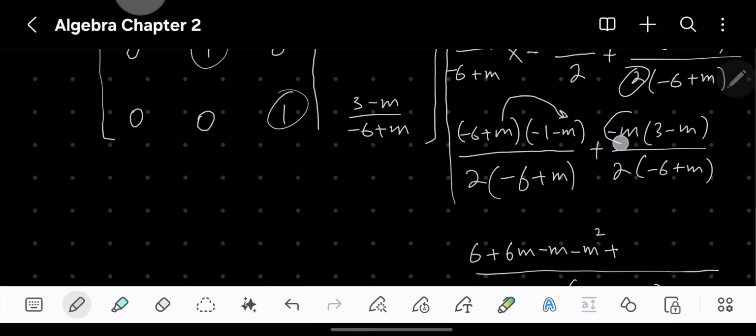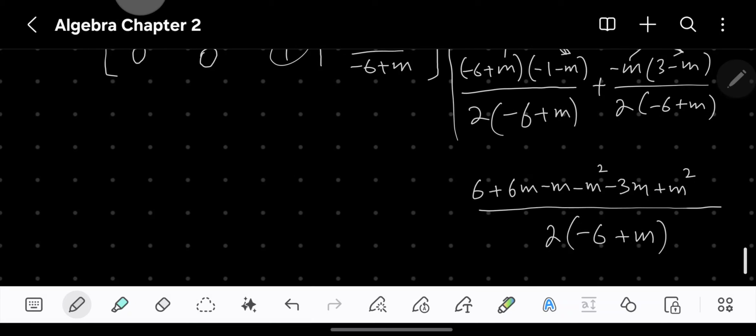Plus, I will do these calculations, okay? Minus m times 3, minus 3m, so I will write minus 3m. Minus m times minus m, plus m square, I will write this thing. You can check plus m square and minus m square are cancelled.